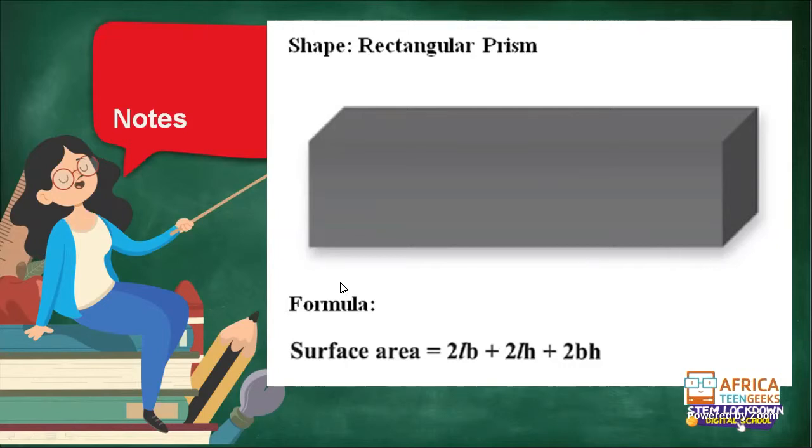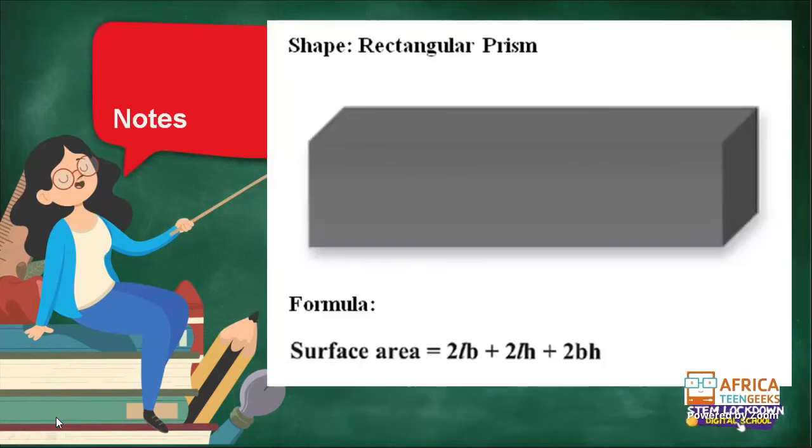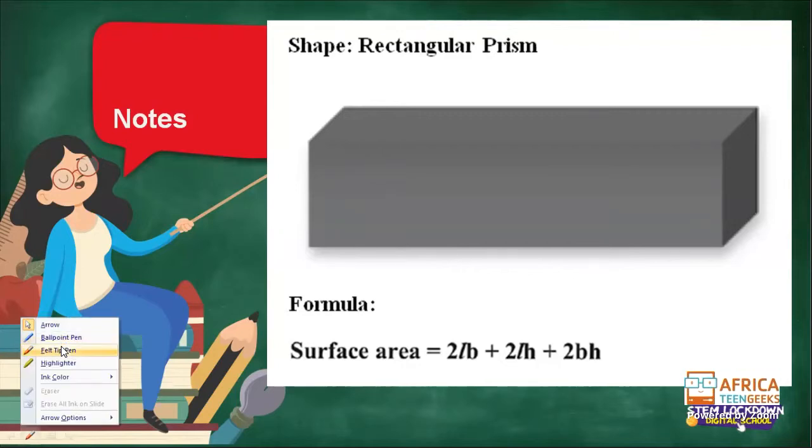The formula for the surface area of a rectangular prism is given as: surface area is equal to twice the length times breadth, plus twice the length times height, plus twice the breadth times height. So this is your formula. Now before we carry on, let's go back a bit. I need to show you how this formula was calculated.